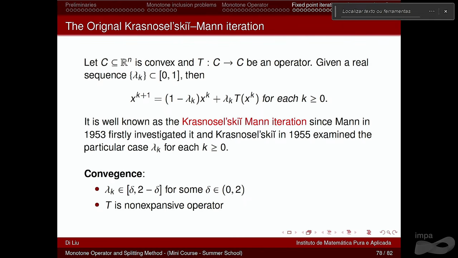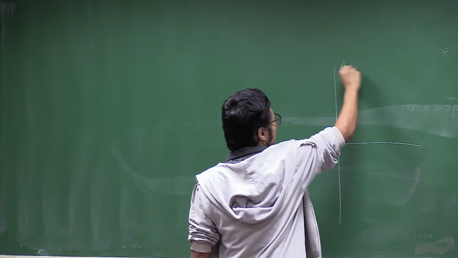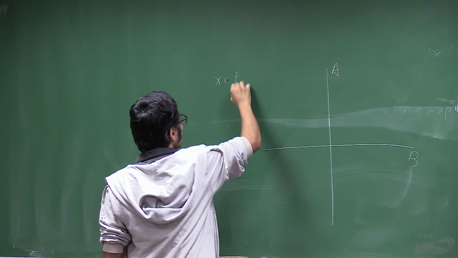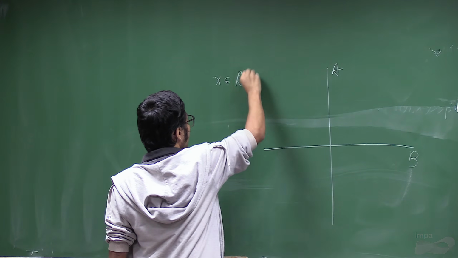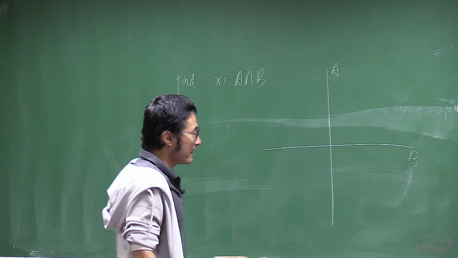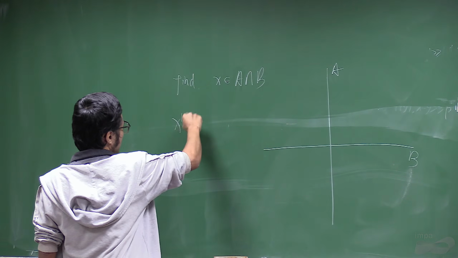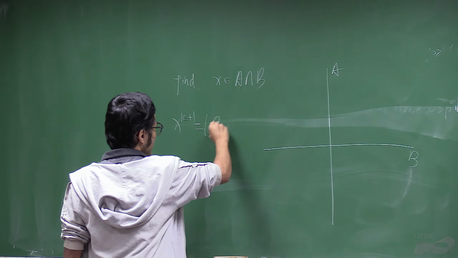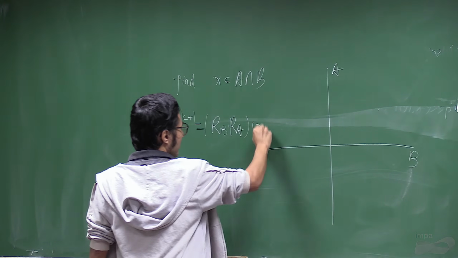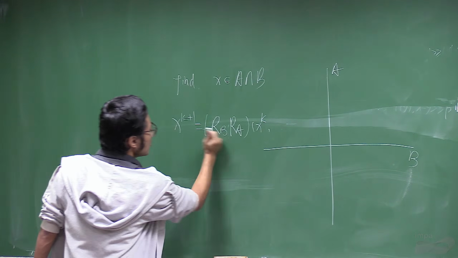We can analyze an example here. It's still about the convex feasibility problem. It's set A and set B. We want to find a point x belonging to A and B. We had an analysis before. If you use x k plus 1 equals the composition of R B and R A, the composition of the reflections, this doesn't work, okay? So what can we use?